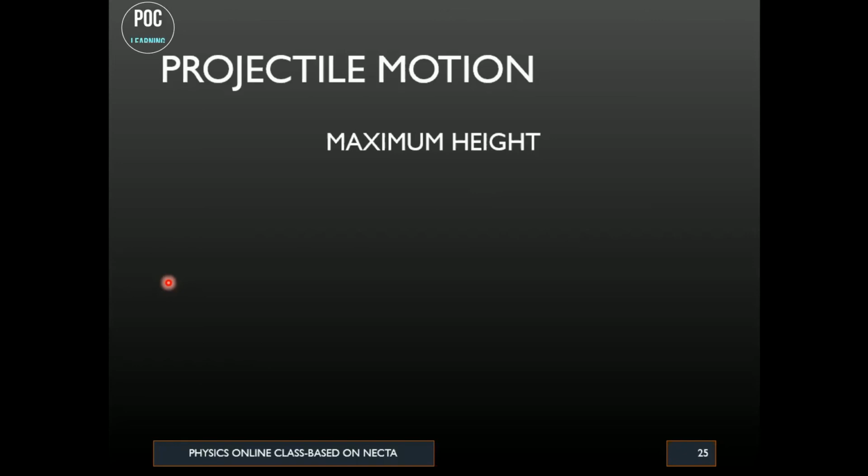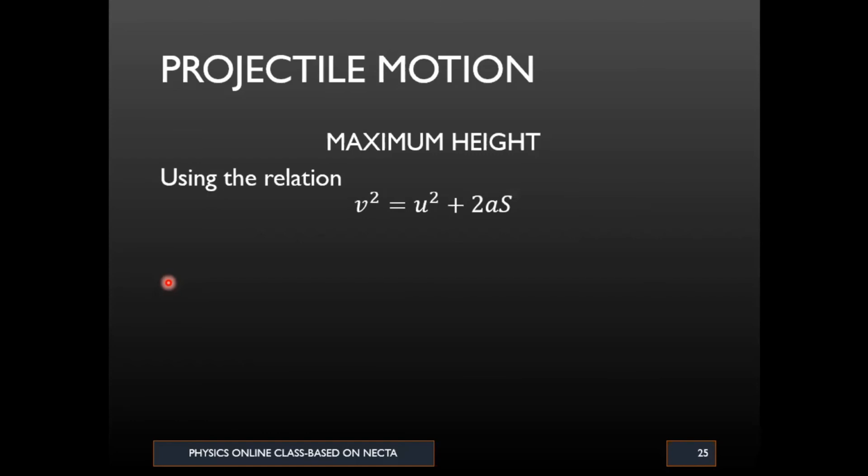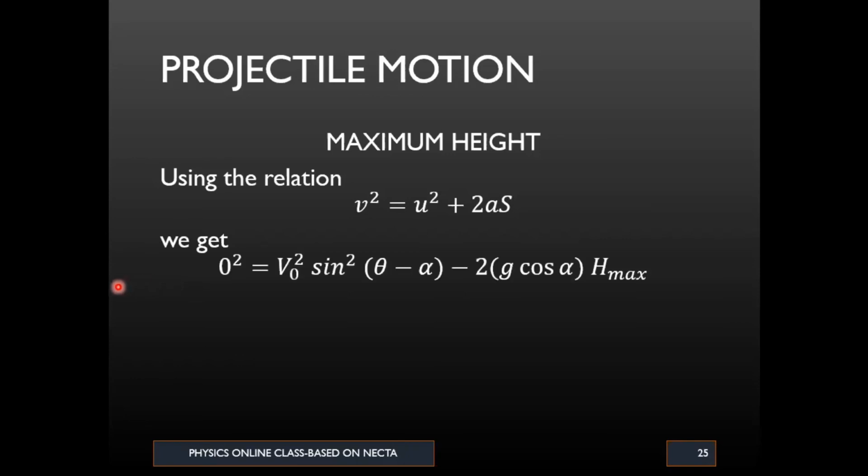Maximum height on inclined plane. We use the relation V squared is equal to U squared plus 2as. Now, at the maximum height, the vertical velocity V will be equal to 0, and the initial velocity will be V naught sine of theta minus alpha, squared, minus 2 times acceleration.